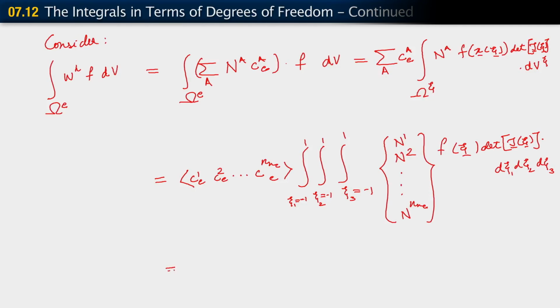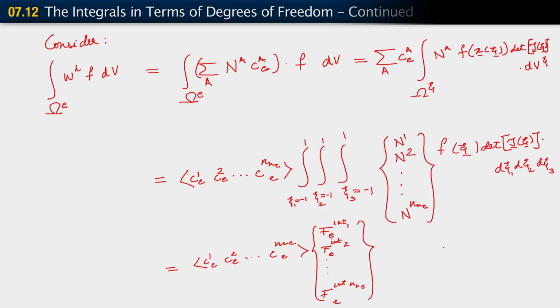And we observe that we essentially get what I will write out as being C1e, C2e, up to C number of nodes in the element E, times a column vector which I will denote as F internal, degree of freedom 1 in element E, F internal, degree of freedom 2, element E, coming down as far as F internal, the last degree of freedom in element E.